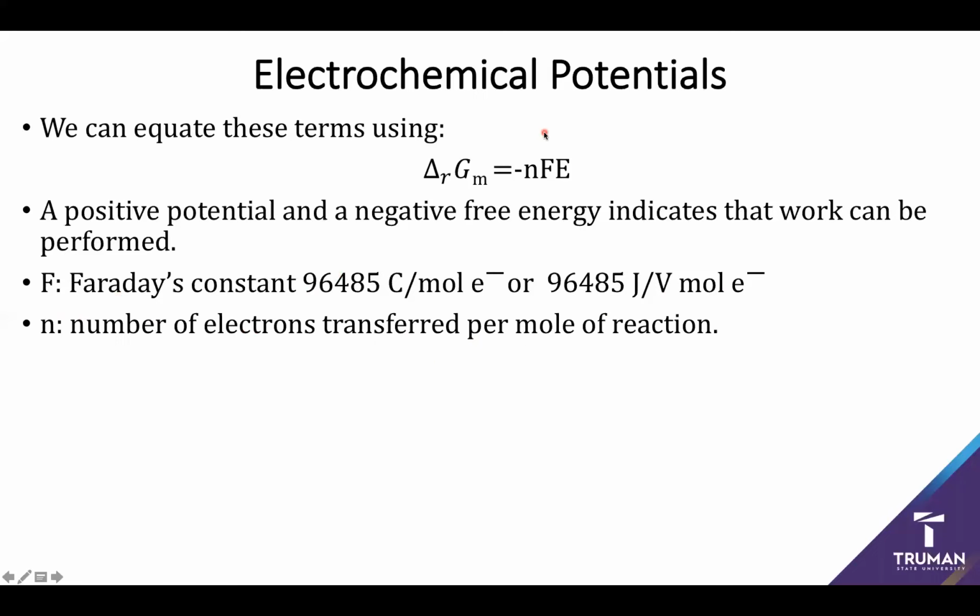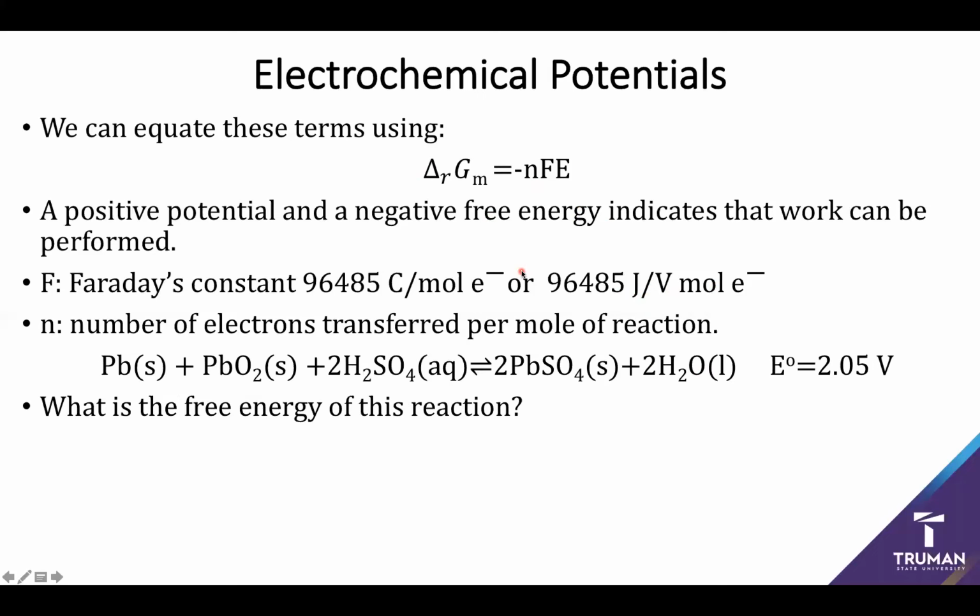Potential times Faraday's constant gives me joules per mole of electrons, and multiplying by the stoichiometric coefficient of electrons gives me joules per mole of reaction, which is the Gibbs free energy that I'm after.